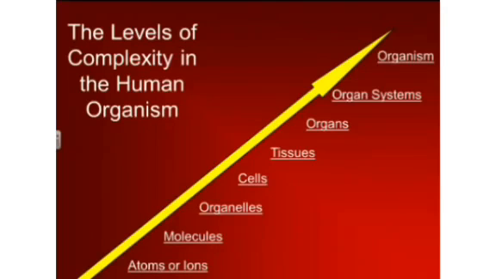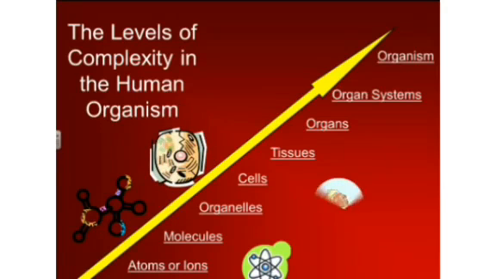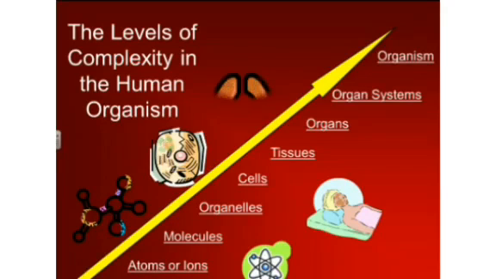So the levels of complexity in the human organism, starting from the very bottom, we have our atoms or ions. Those make the very smallest form of life. Next we have our molecules. So atoms form molecules. The molecules form organelles. And then those organelles are located within the cells. So then you get a bunch of cells put together. Those form tissues.